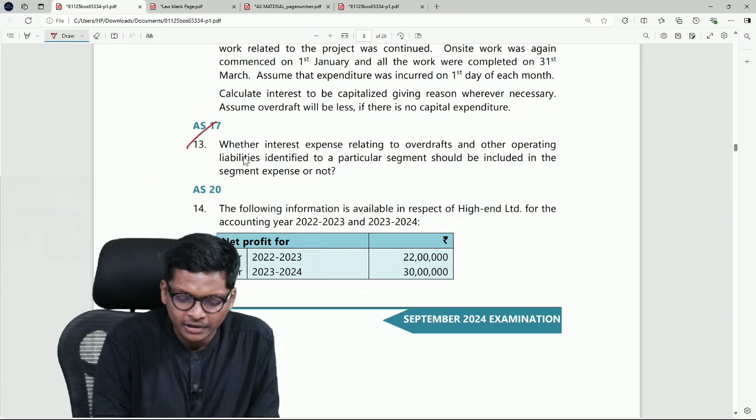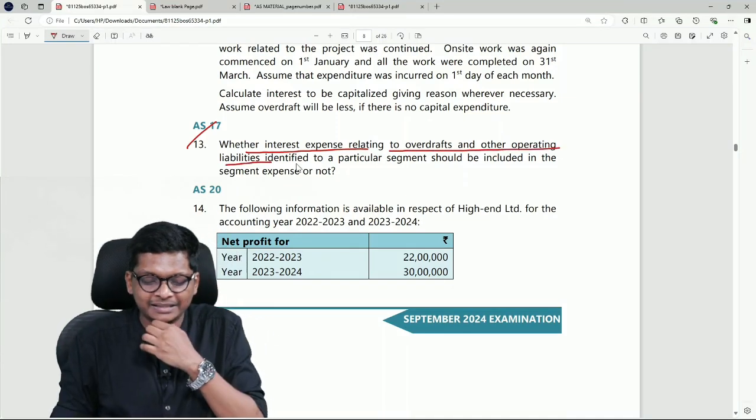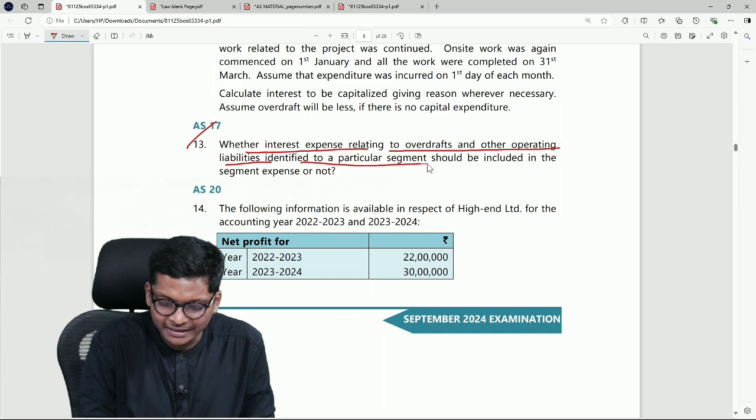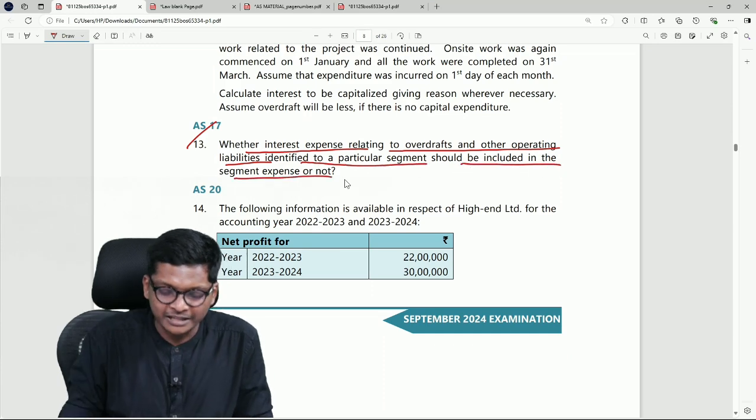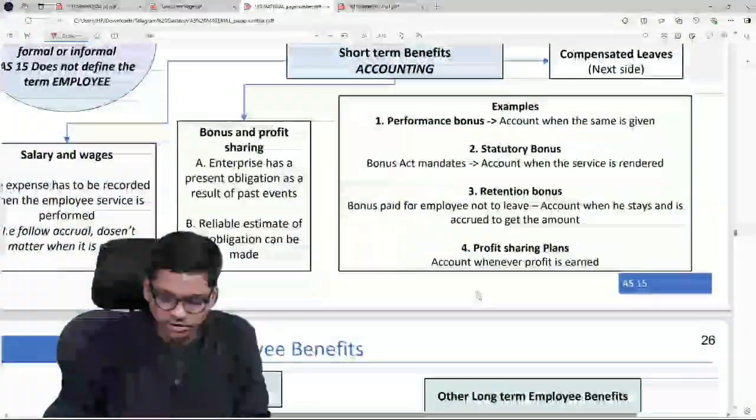AS 17, whether interest expense relating to overdraft and other operating liabilities identified to a particular segment should be included in segment expense or not. Let's quickly go to our AS 17 notes.